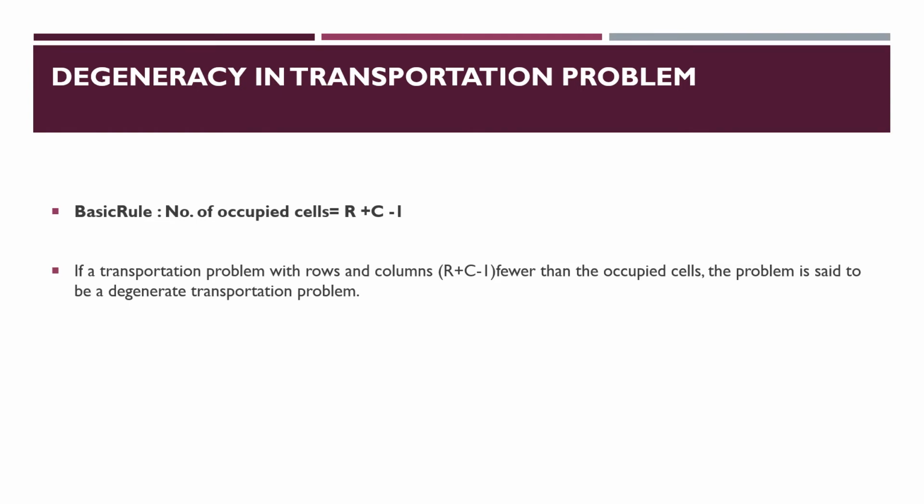When this condition is not satisfied, which means if this rows plus columns minus 1 is different from the occupied cells, we say that there is a degeneracy. When there is a degeneracy, to solve it, we can allocate 0 quantity to a particular cell and transport from there, assuming there is an allocation.